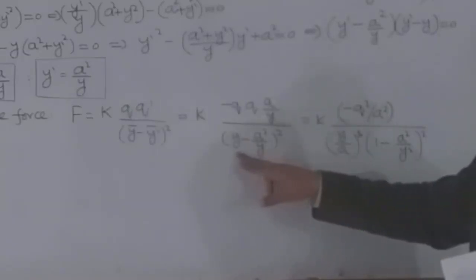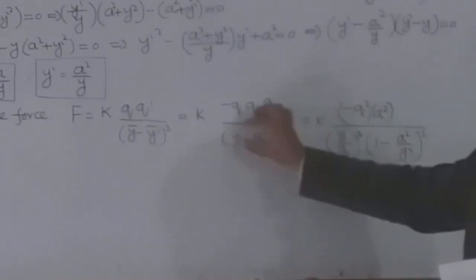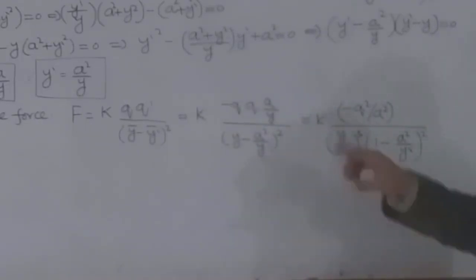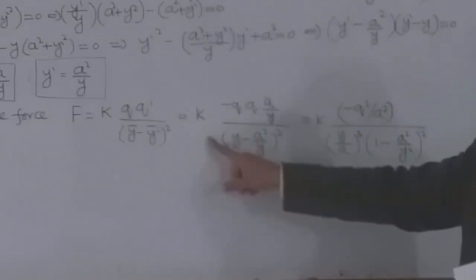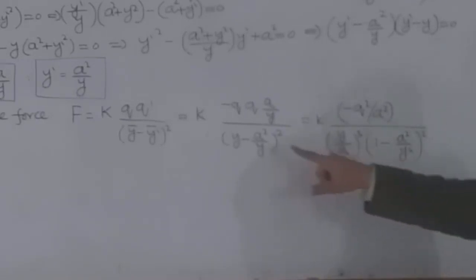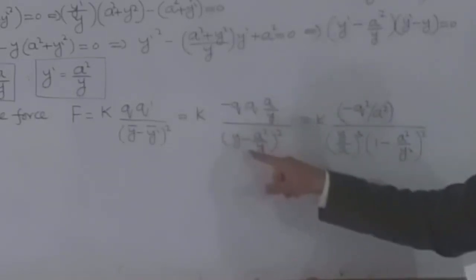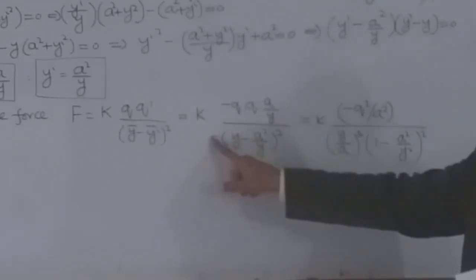Now what I do from here, I take this a over y here, for example, if I move here. So a will come here and y will come here, right? And I take one y common from here. So one y was this one and one y from here, so it will become y cube.